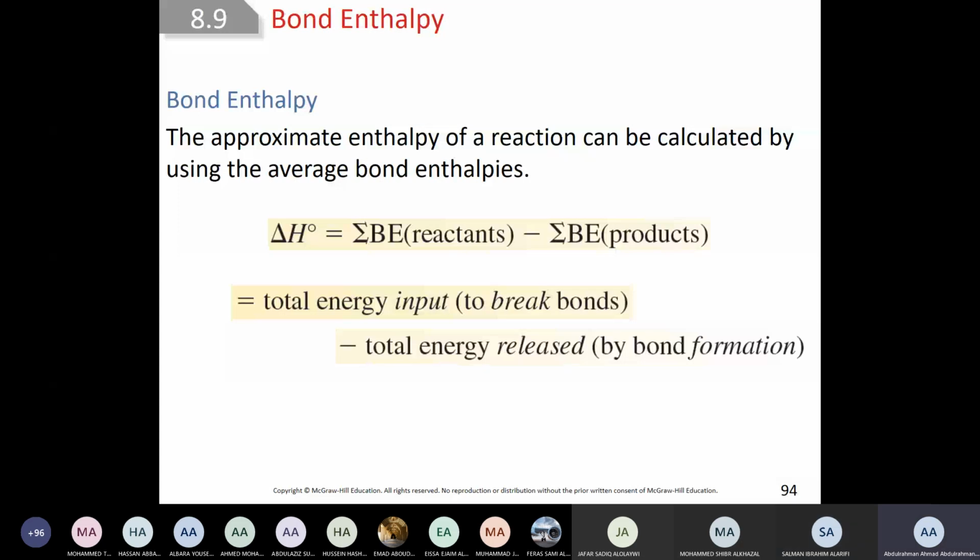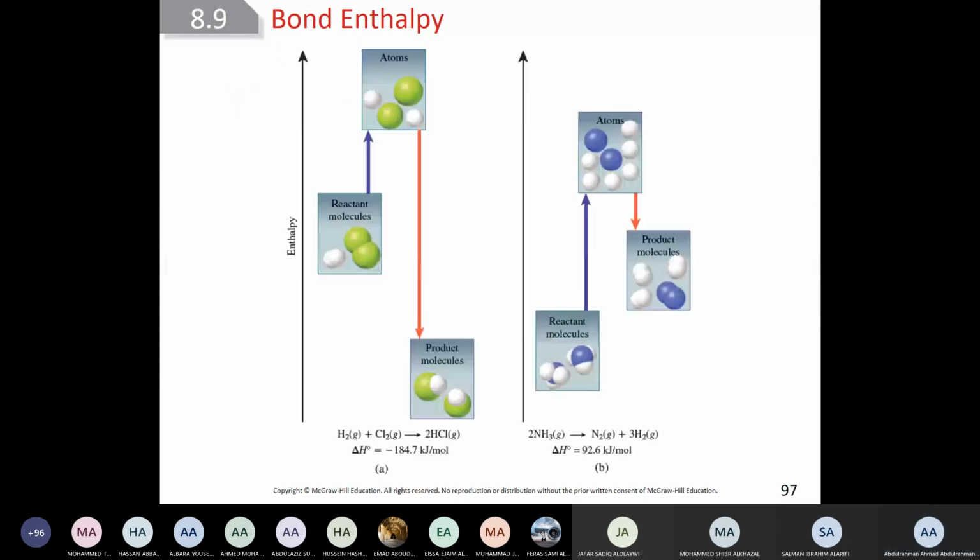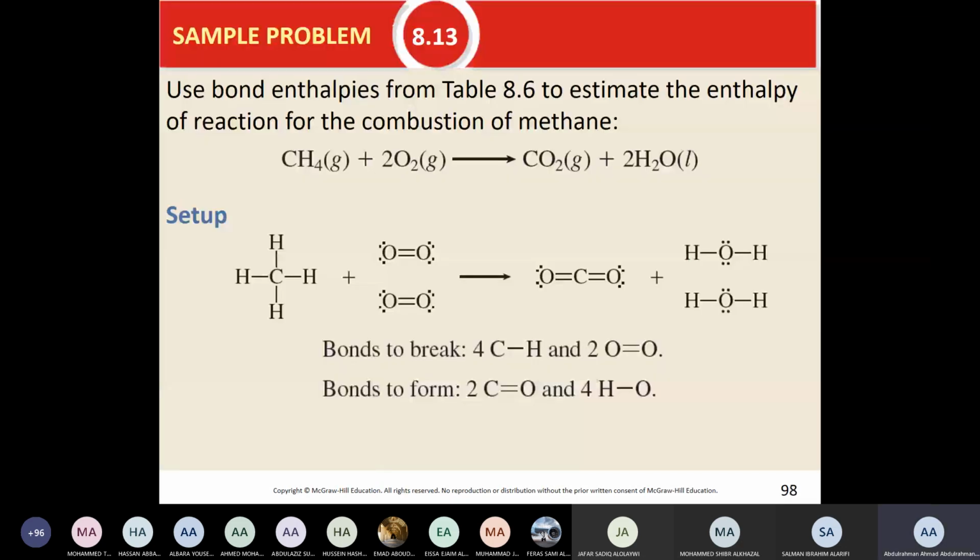Okay, so delta H is actually the summation of bond energy for reactants, and we'll give it plus, because we are breaking all the bonds from the reactant, and we'll give minus for the product. Why? Because we are making the product and we are breaking the reactant.